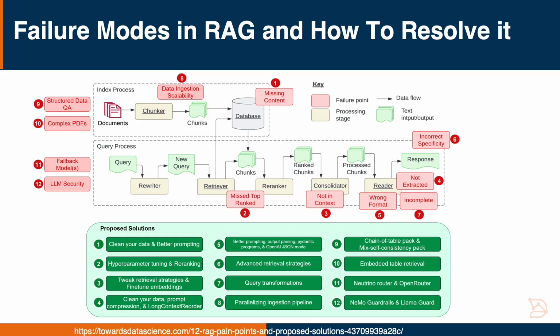And then we have LLM security, where, depending on the level of security that you want to go, if you don't want your data to go to an external model provider, that means you have to fine-tune your own open source model. Probably security might be that you don't want other external systems to ingest your data.